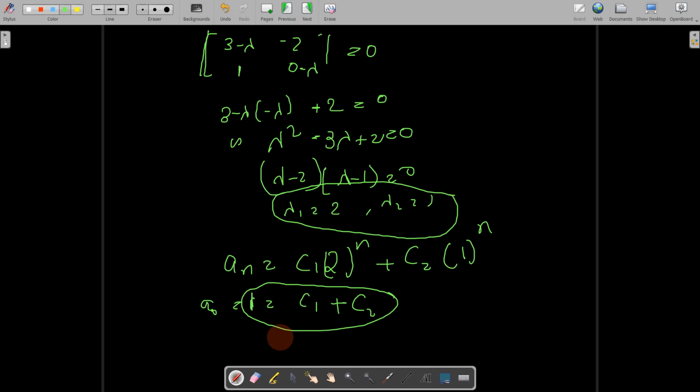The second equation: a1 is 2, so we put n equals 1 to get 2c1 plus c2 equals 2. If you solve these equations, you get the values of c1 and c2, and that will be the closed form of your recurrence relation.